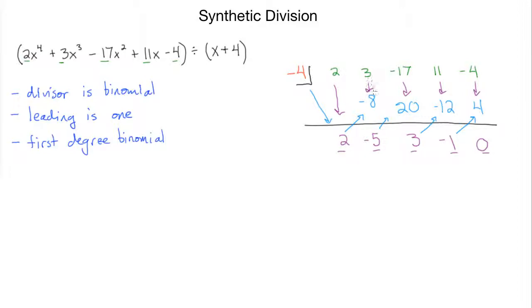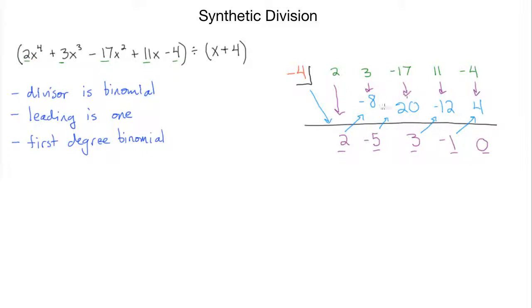Drop down the 2, but then 3 plus negative 8 was negative 5, negative 17 plus 20 was 3, 11 plus negative 12 was negative 1, and negative 4 plus 4 was 0. So it's this pattern of adding together, then multiplying, adding together, then multiplying. And once you get the hang of that, it's pretty easy to do.